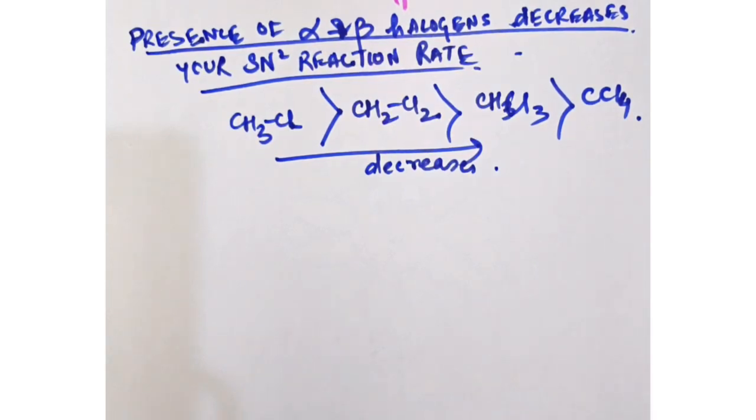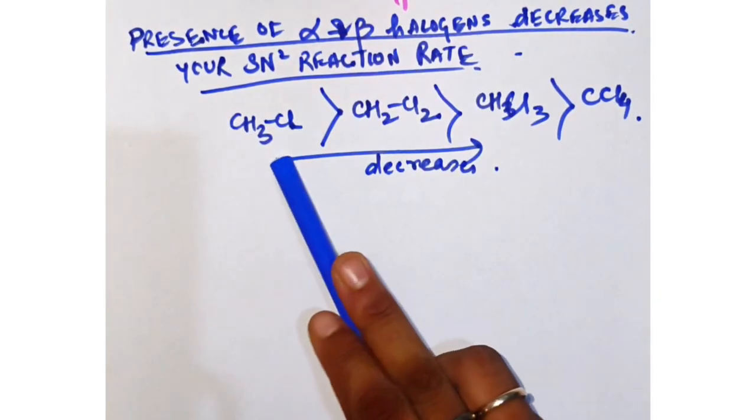With one halogen group, last time we understood that if one electronegative atom is there, the reaction rate increases. But what happens if there are two or more than two halogens in the same molecule? Then your SN2 reaction rate decreases. Why so?